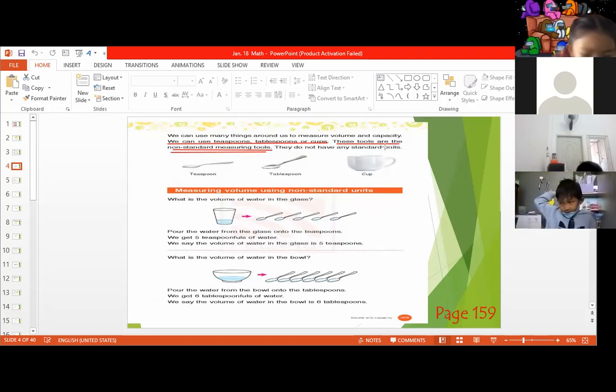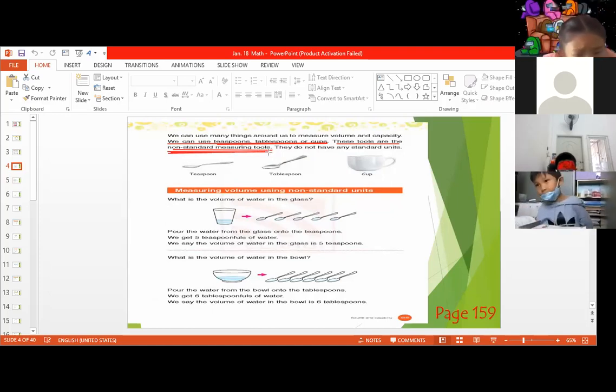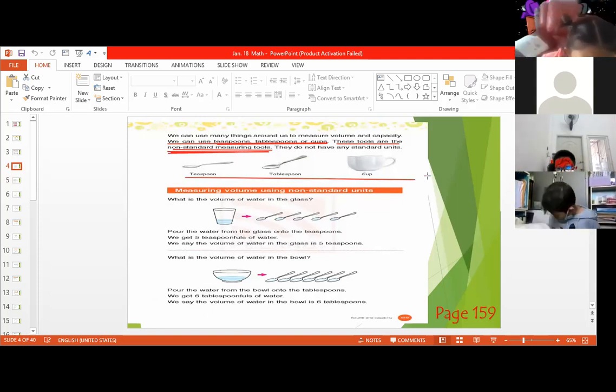Again, what do you call this kind of tools? What do you call them, class? Non-standard measuring tools. Yes, you can call that non-standard measuring tools.